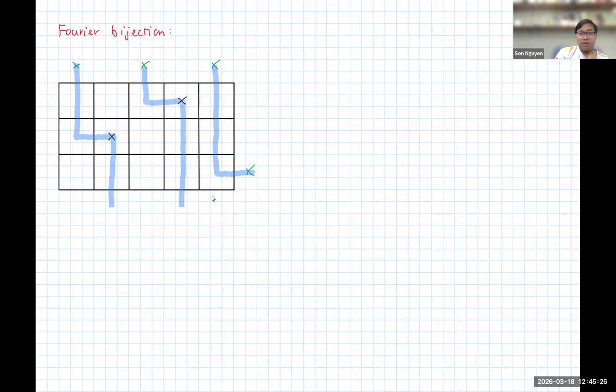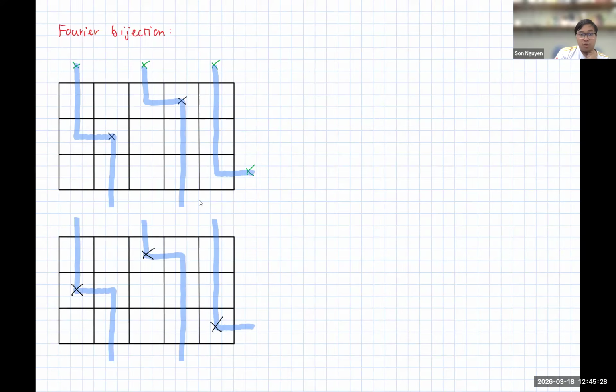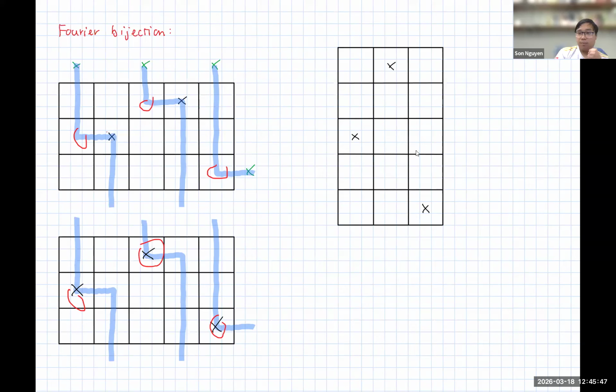What happens after that is, instead of keeping this corner, you mark the other corner. So I mark this corner, this corner, this corner. Then I would have these axes. And then all you need to do is transpose the diagram, and this is the corresponding partial matching.